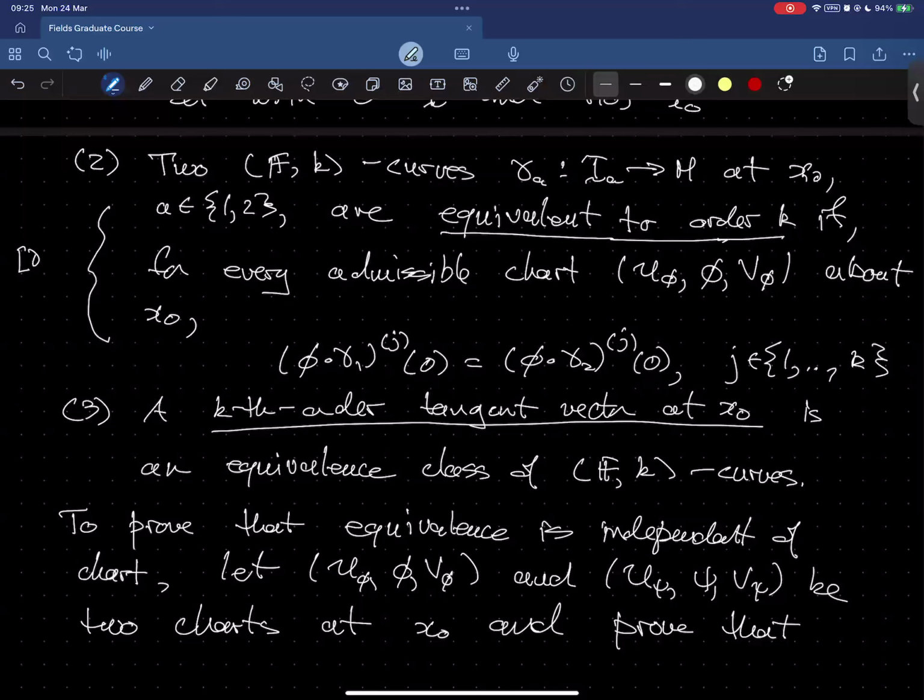An equivalence class I'm going to write as gamma^k at x naught. So that notation I think makes sense, and the k equals 1 case is the one we already had.